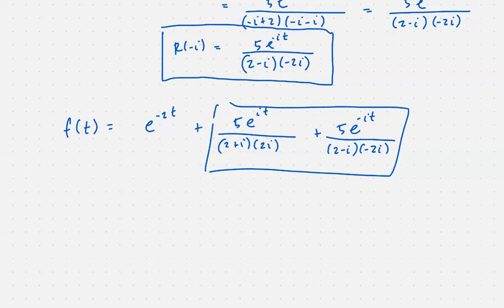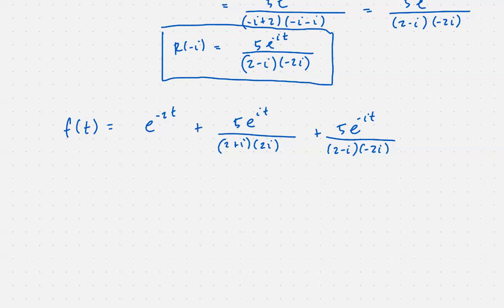Okay, so hold on. All right, so you can use the least common denominator and combine them. So you're gonna have e raised to negative 2t plus, what would be our least common denominator. Of course, this negative sign actually can be changed there. So you can have minus 5e raised to negative it over (2 minus i) times 2i. Okay, please do take note of that.